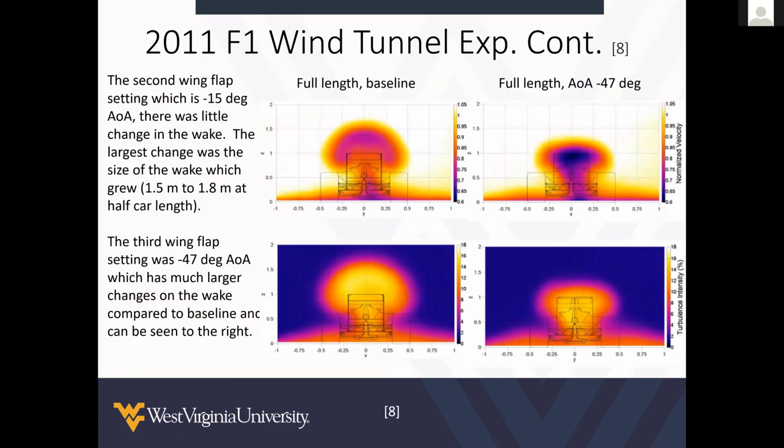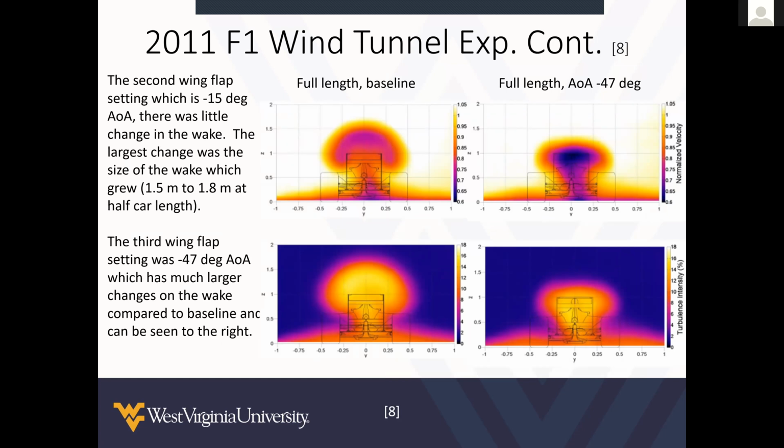And then this is showing that they had three different rear wing profiles. They had one that was their baseline design. And then they had a second wing profile, which is -15 degrees of angle of attack.